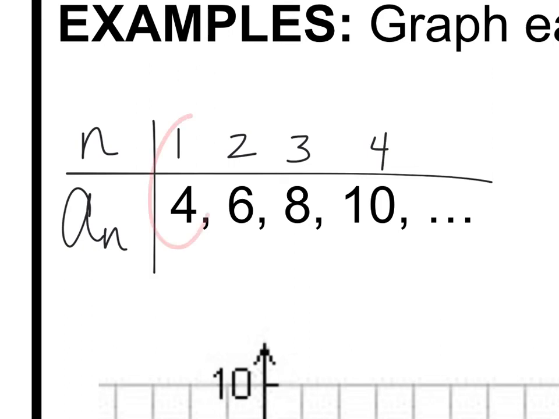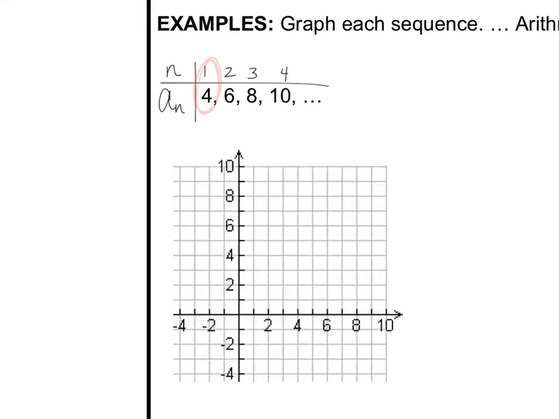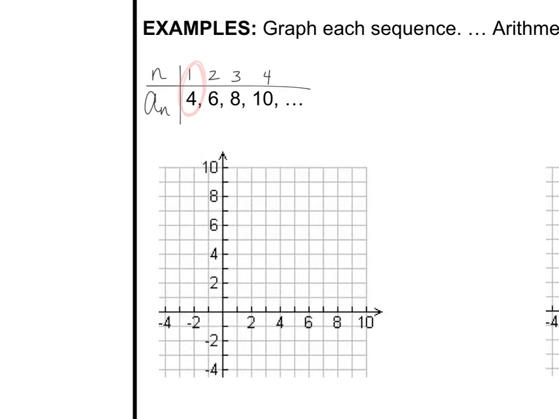So take this right here and graph the point 1, 4. Then graph 2, 6, 3, 8, and 4, 10. Don't connect them. It's a sequence, not a line. I know it makes the shape of a line, but we don't want to connect them.